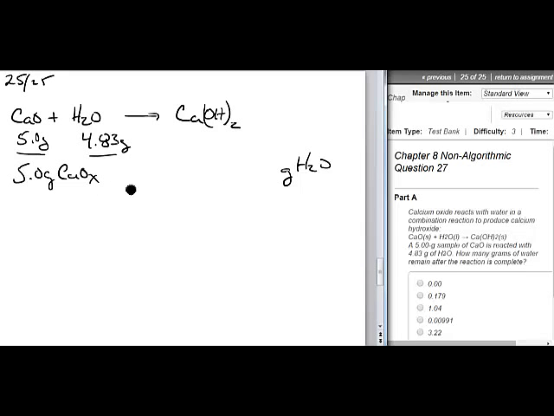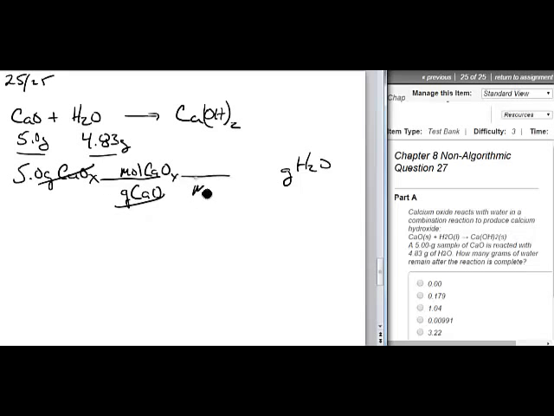And let's just use that then to calculate how much water is consumed while we're using this 5.0 grams of calcium oxide. So we have to cancel grams of calcium oxide, make it into moles of calcium oxide, because that's a stoichiometric ratio, and we'll figure out what that mass is in a minute.